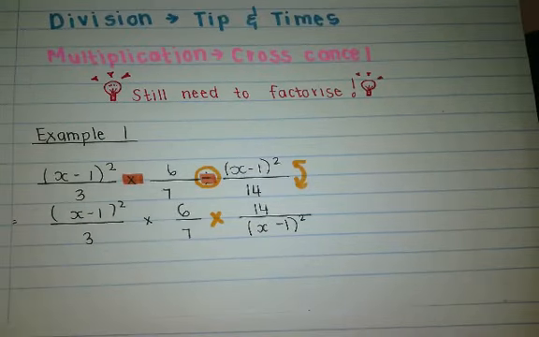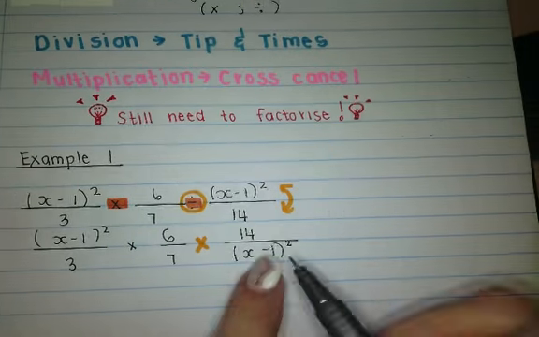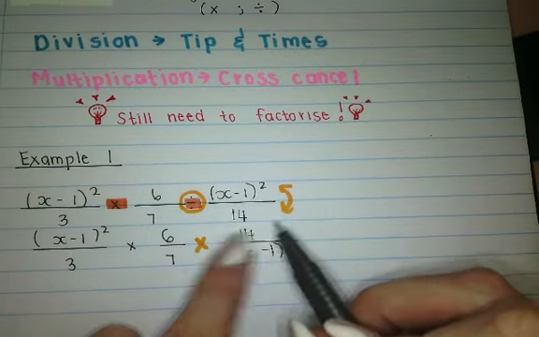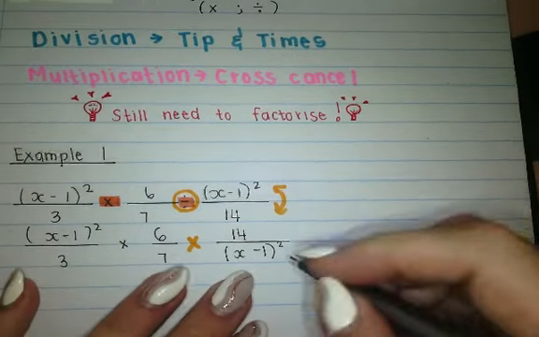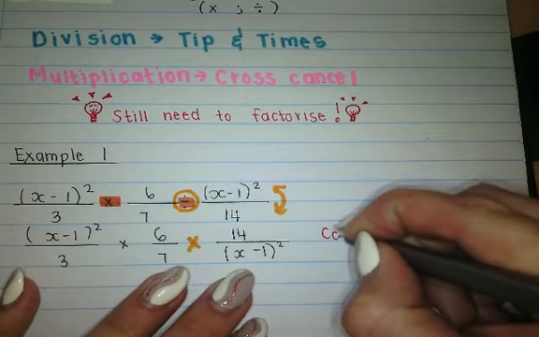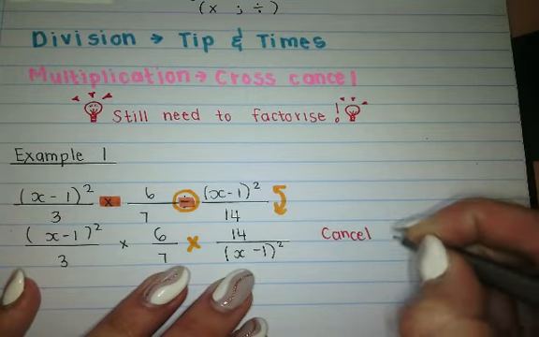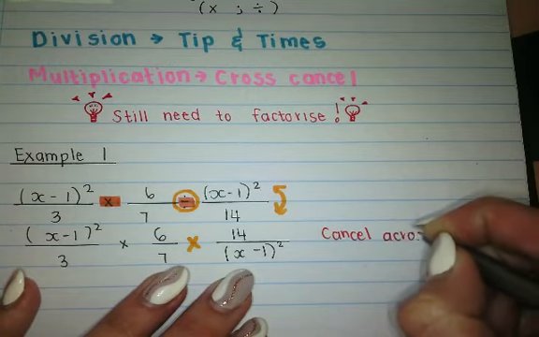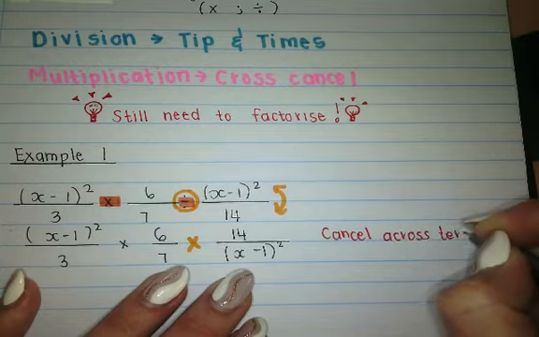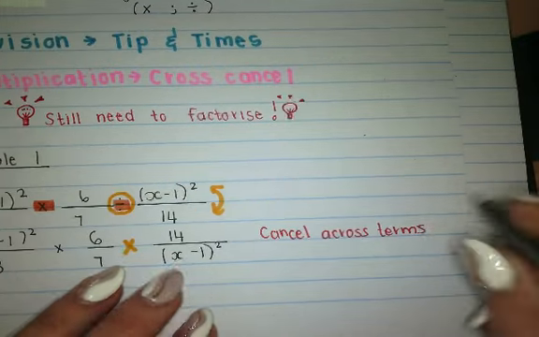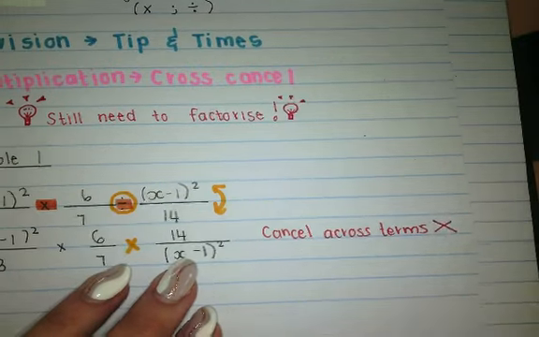Now that we have multiplication across all our terms, we can now start cross cancelling. Grade 10s, you don't necessarily only cross cancel right next to. So you can cancel across terms, like this.